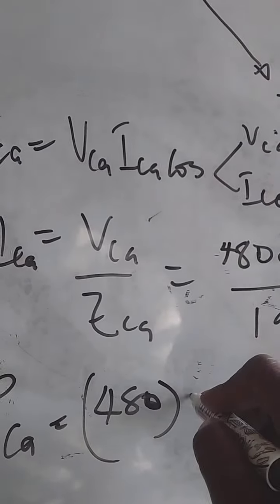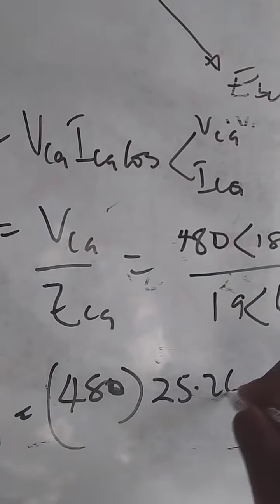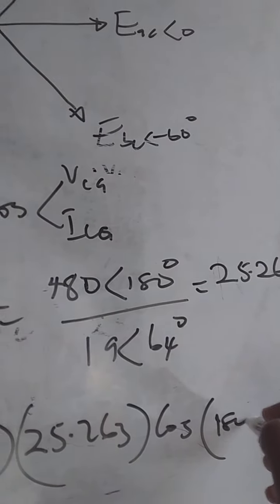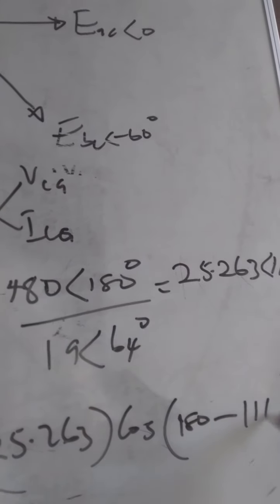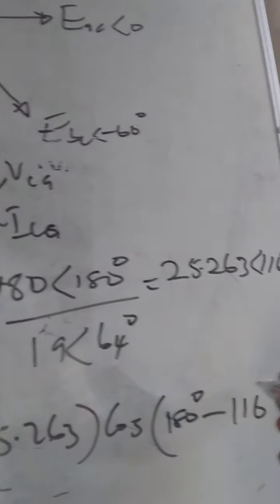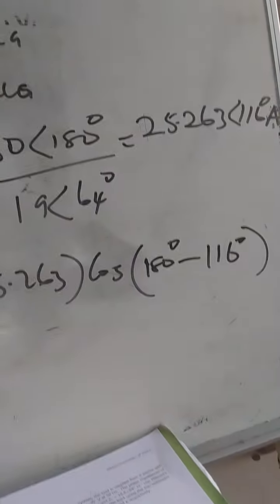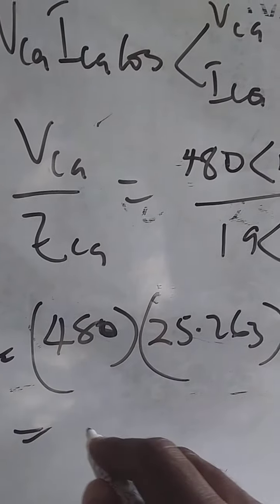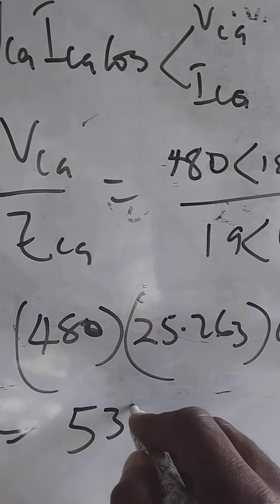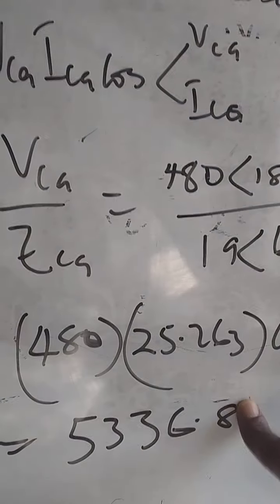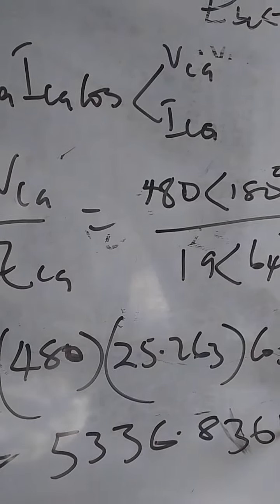times ICA, 25.263, cos the angle of VCA, which is 180, minus the angle of ICA, which is minus 116 degrees. So that gives us what? 5,336.836 watts.